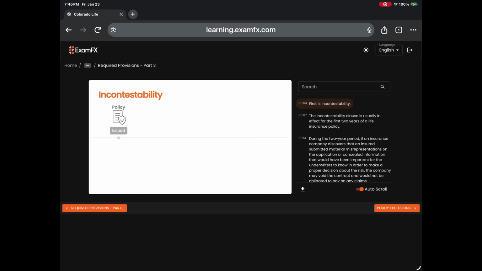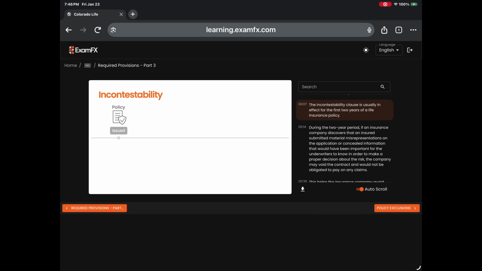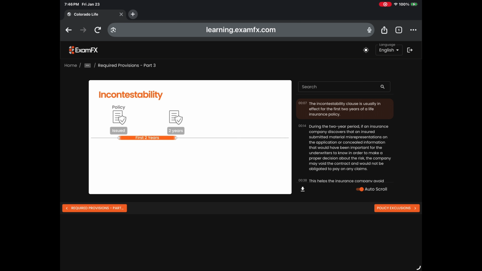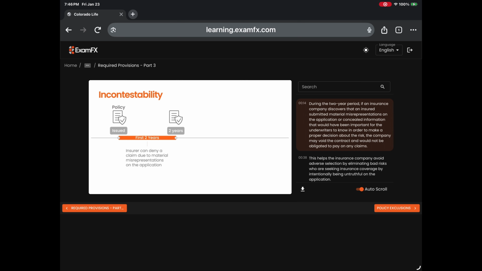First is incontestability. The incontestability clause is usually in effect for the first 2 years of a life insurance policy. During the 2-year period, if an insurance company discovers that an insured submitted material misrepresentations on the application or concealed information that would have been important for the underwriters to know in order to make a proper decision about the risk, the company may void the contract and would not be obligated to pay on any claims.